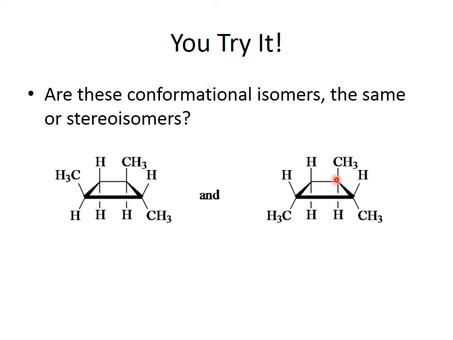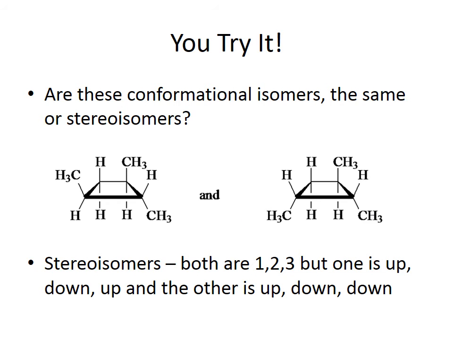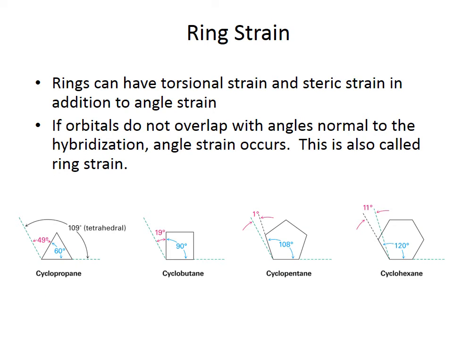If I look at this one, you can see it's 1,2,3-trimethylcyclobutane, but now we have one up and two down. See, this is alternating, and this is 1 up and then 2 and 3 down, not alternating. So if I go back, these two are stereoisomers.